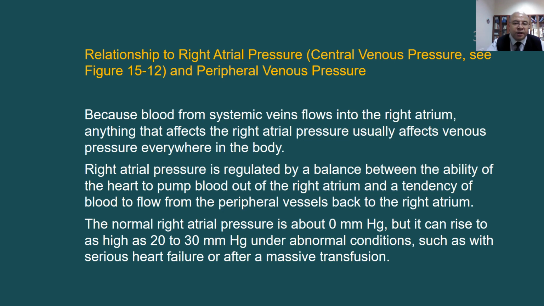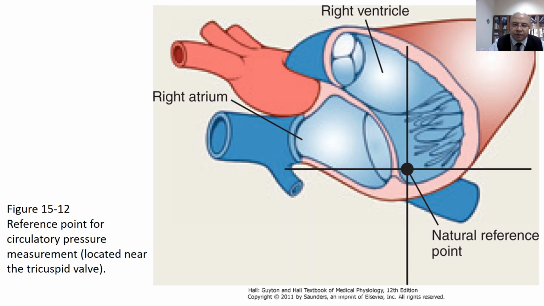Right atrial pressure is regulated by a balance between the ability of the heart to pump blood out of the right atrium and a tendency of blood to flow from the peripheral vessels back to the right atrium. Normal right atrial pressure is about 0 mm mercury, but it can rise to as high as 20 to 30 mm mercury under abnormal conditions, such as with serious heart failure or after a massive transfusion.